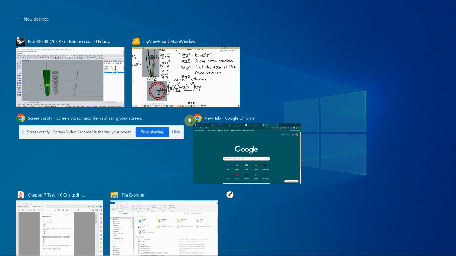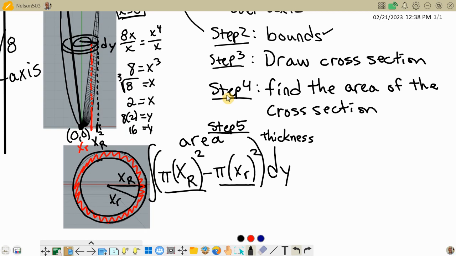So I'm going to go back over here, and I'm going to put my 0, and I'm going to put my 16 up there. And now I would look at my equation and say, wait a minute, I have x's here and I've got a y over here. They've got to be in the same variable. They can't be in x's and y's. So I've got a little bit more work to do.